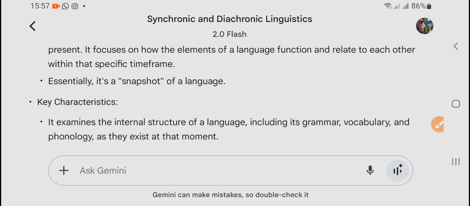What are they? Parts of speech we have studied: lips, teeth, ridge, tongue. Then how speech and writing work, and how they function, in morphology, like how a word is made.